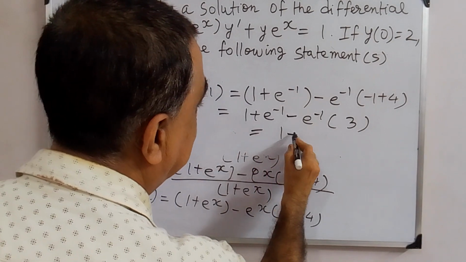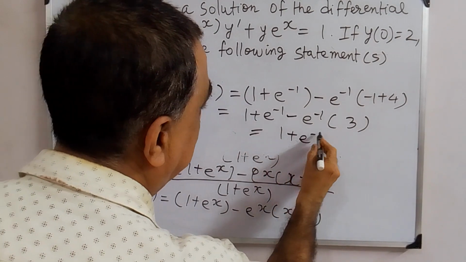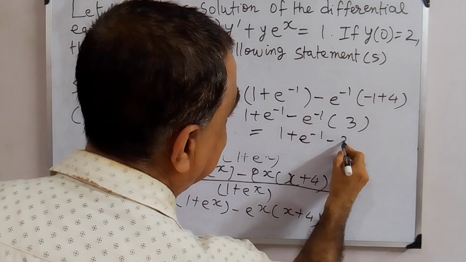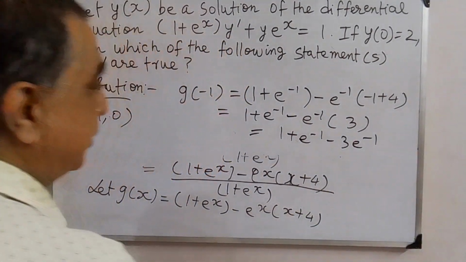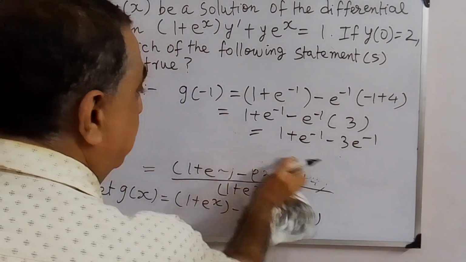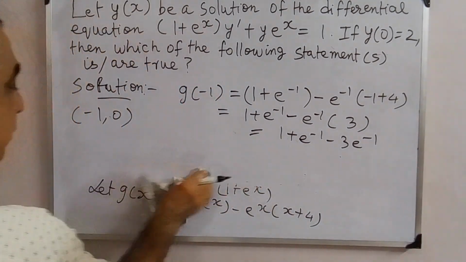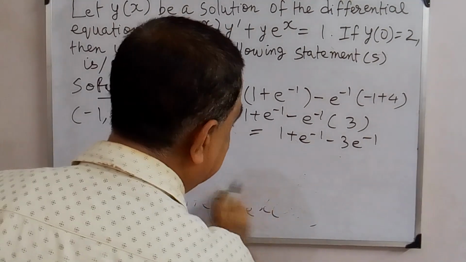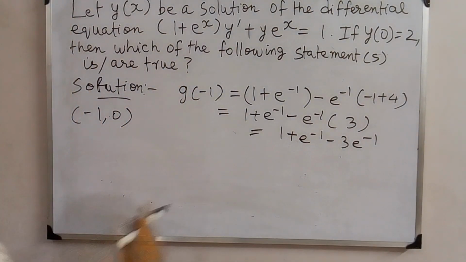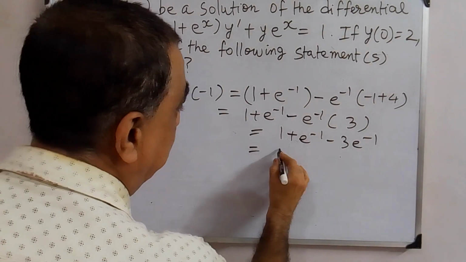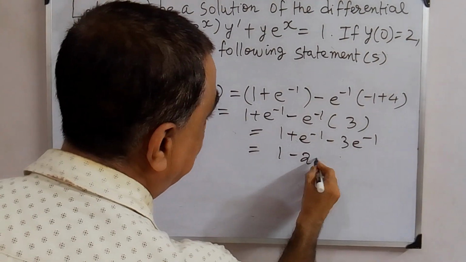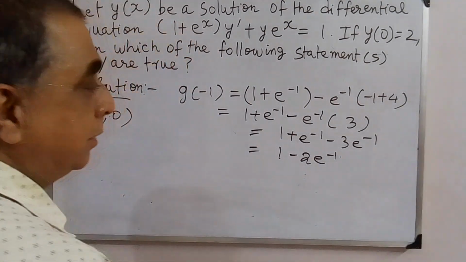So that becomes 1 plus e to the power -1 minus 3 e to the power -1, which equals 1 minus 2 e to the power -1.